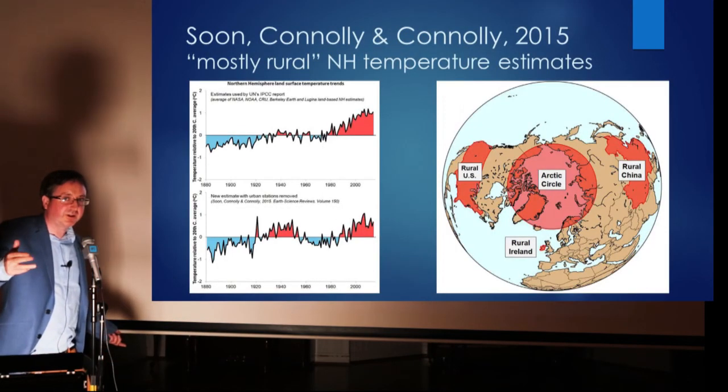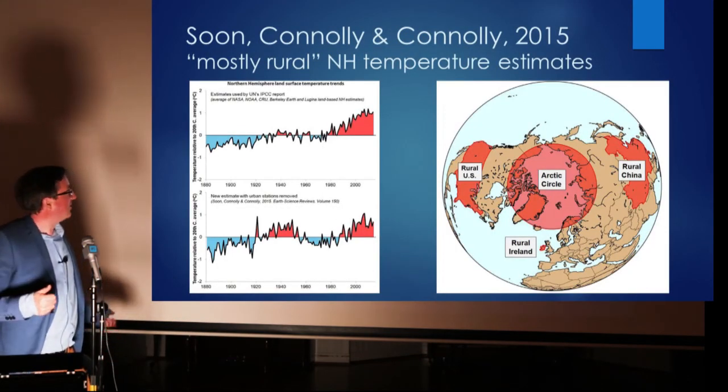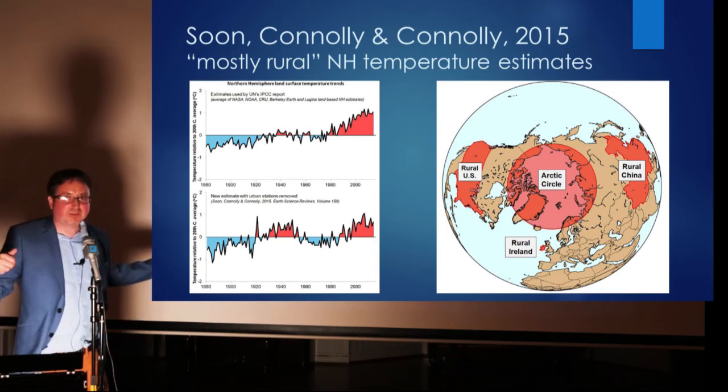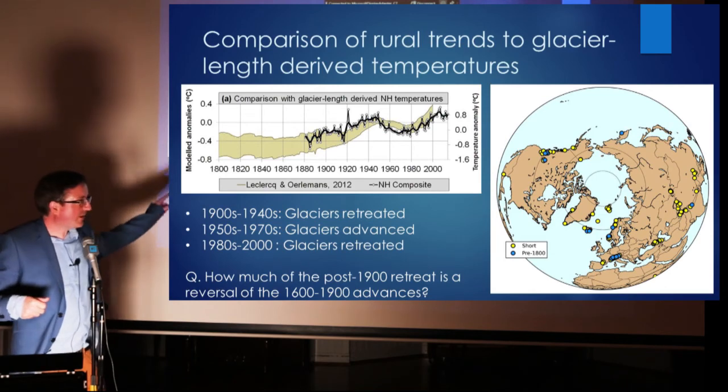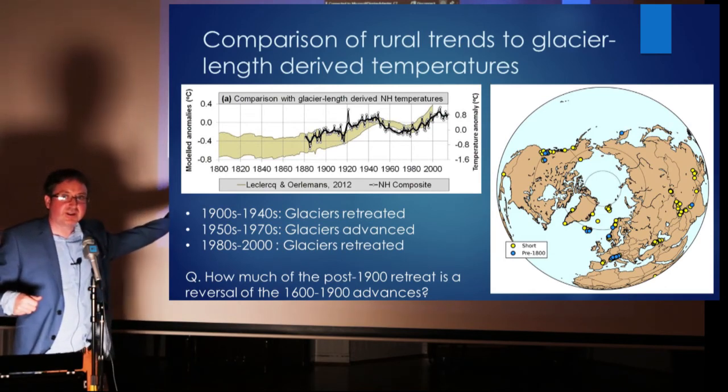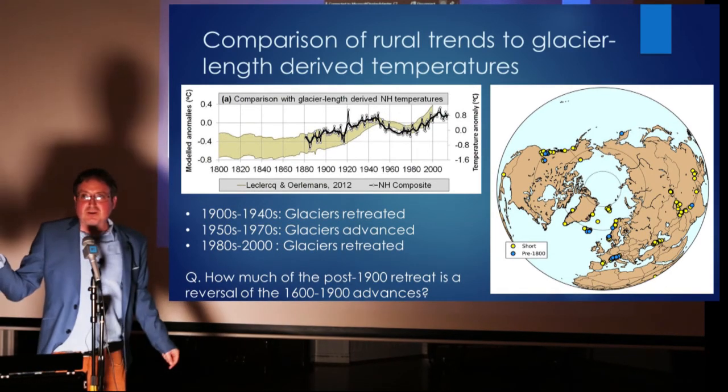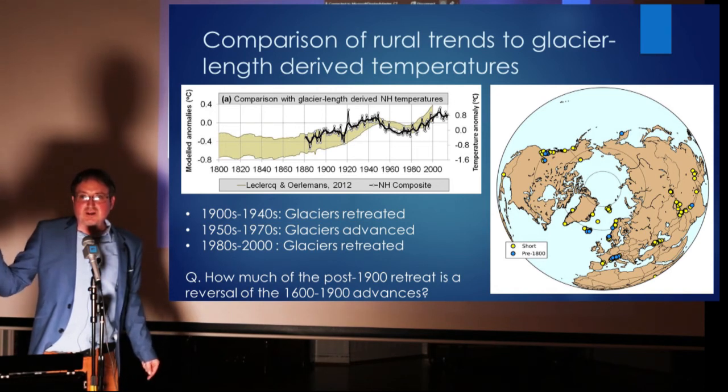So maybe if you'd look at the next slide. Oh yeah, so you've seen this one. This was the one that Willie was showing. This is just another example of what Willie was saying.